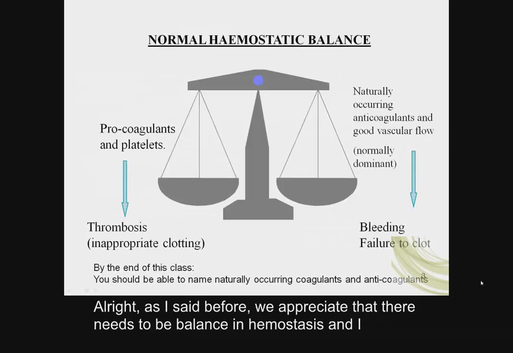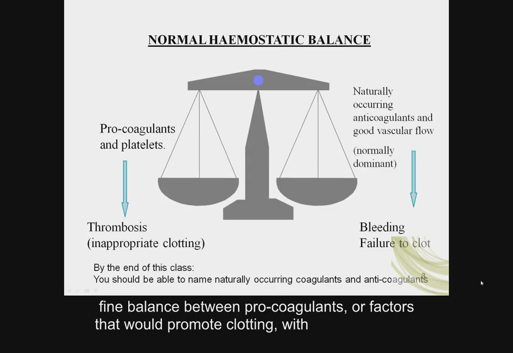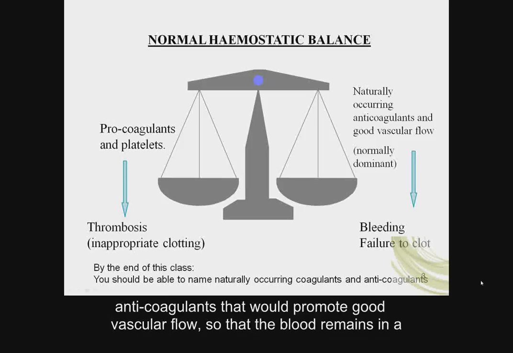Alright, as I said before, we appreciate that there needs to be a balance in hemostasis. And I have spelled it up here with the British spelling of hemostatic balance. There needs to be a fine balance between procoagulants, or factors that would promote clotting, with anticoagulants that would promote good vascular flow, so that the blood remains in a fluid state.